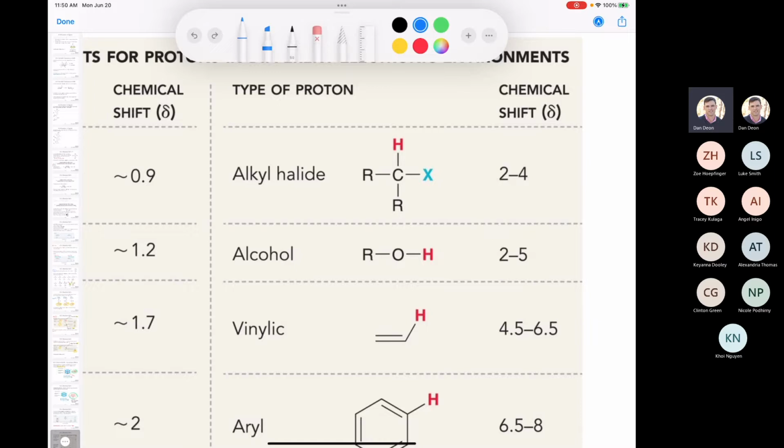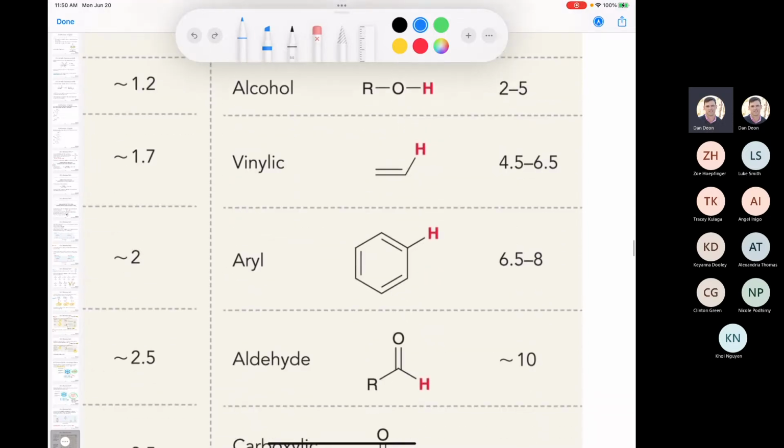Next, we have vinylic protons, which also have a pretty high chemical shift. And we don't go into the entire rationale as to why that is in this class. But if you wanted to do some research on it, you could find out why these things have such high chemical shifts.